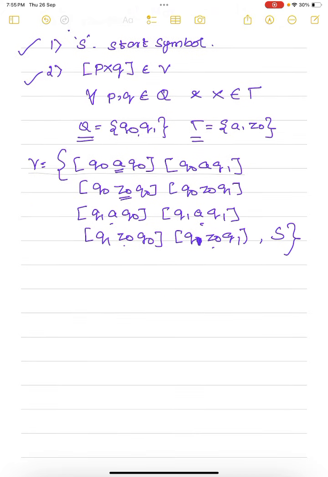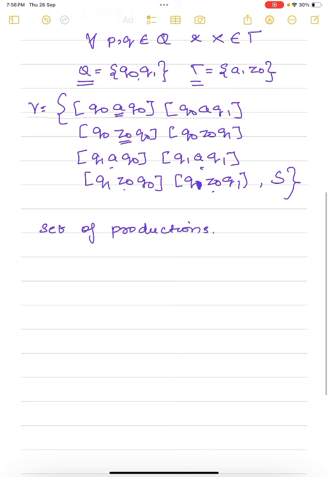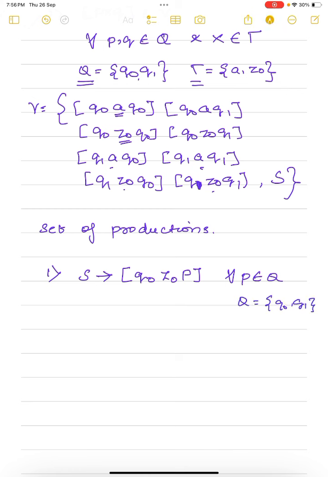Now coming to the set of productions. First we will introduce the start symbol production. We will introduce a production S goes to Q0 Z0 P, where Q0 is the initial state, Z0 refers to the bottom of the stack, and P ranges over all states belonging to capital Q. So in our example, if the set of states is Q0 and Q1, the start symbol productions will be S goes to Q0, Z0, Q0, and S goes to Q0, Z0, Q1.